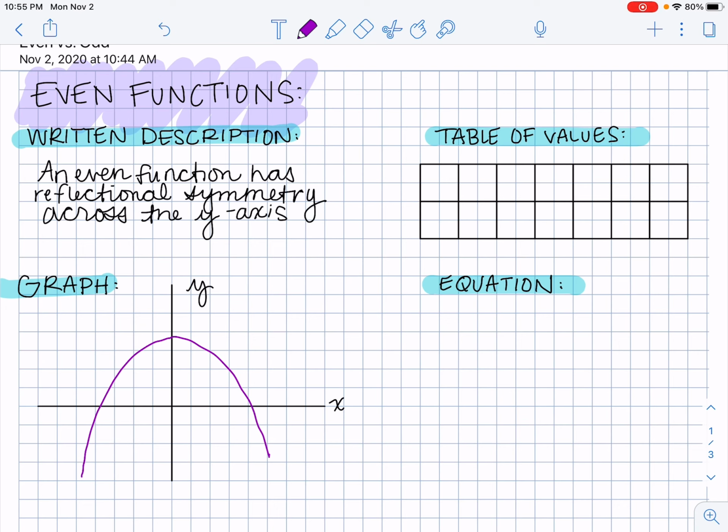It doesn't necessarily have to point up. But whatever it is, it's going to have the same thing happening over here as it will over here. Something like that. Let's look at our old friend, the parabola.